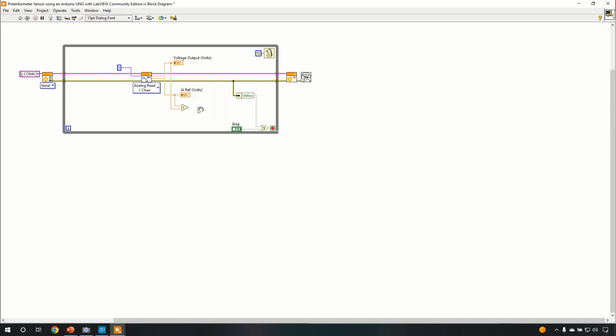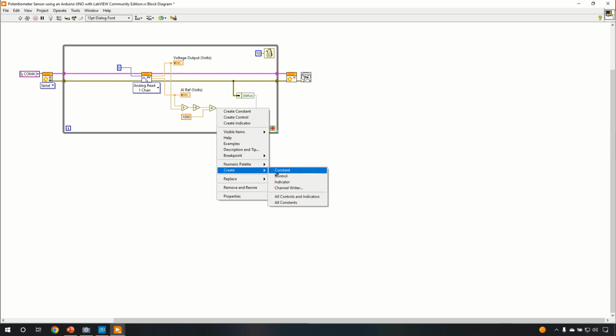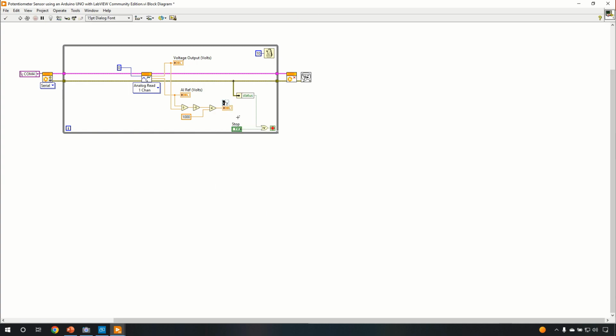So I can just use the decrement here, minus 1, and everything is multiplied by R, which is 1000 ohms. So we can put 1000 if you want the value to be in ohms, or 1 if you want to display the value in kilo ohms. Create indicator. We'll call this one Rp, and this value is in ohms.